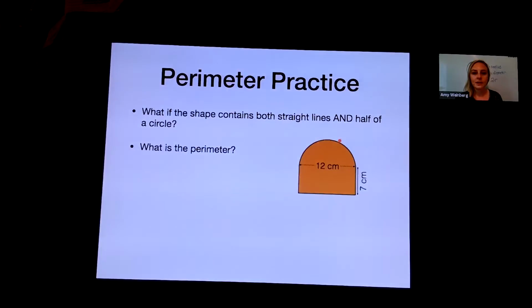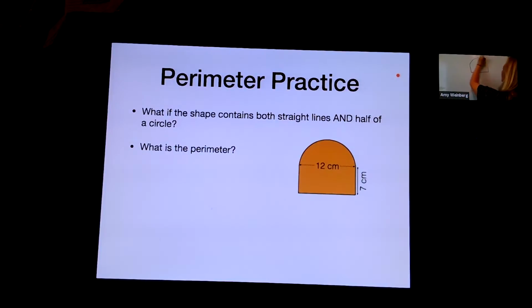All right. So what if, and this is common for the T's, what if a shape contains both straight lines and a part of a circle? Okay, so we have straight lines and a part of a circle. So let me try to draw this. My amazing drawing skills.